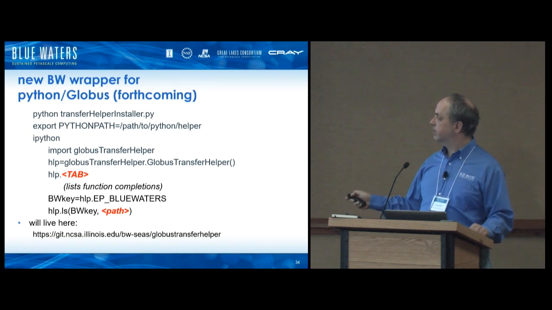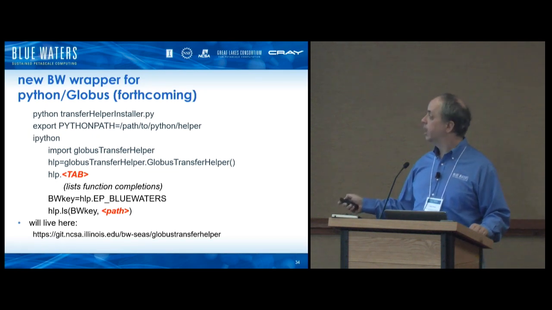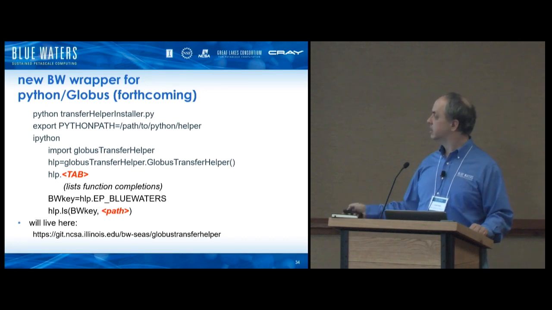It's not quite out, but it will appear on get.ncsa once it's available, and it will be in the portal, looking sort of like this. You set things up, get into IPython, and then you can use this class. If you tab, it'll give you the list of function completions. You can bring up the key, and then you can do hlp.ls and then something.